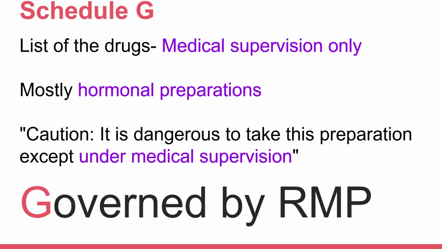Now moving to Schedule G. Schedule G is very familiar. You can see this warning on certain drugs. Which warning? That is, it is dangerous to take this preparation except under medical supervision.